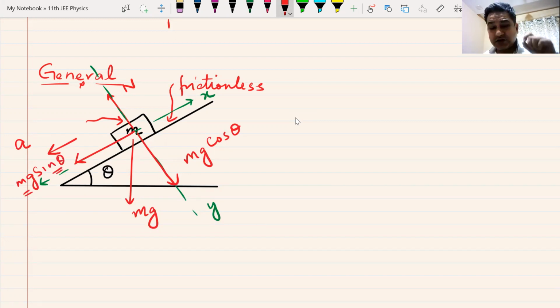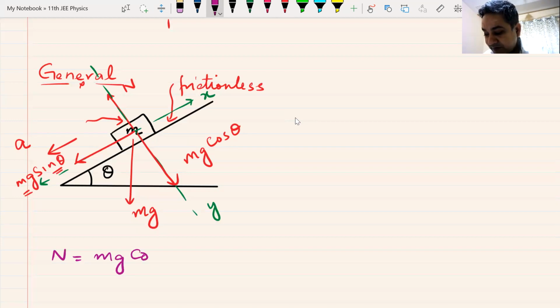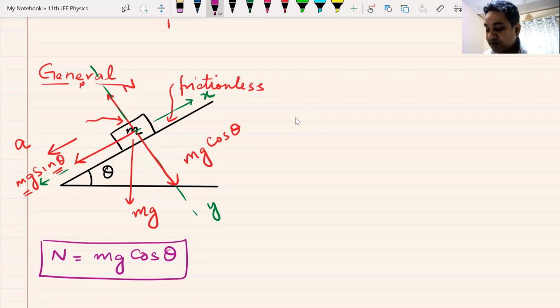You will make the equation along the y-axis. The equation along the y-axis will give you N is mg cos theta. Remember this. In this special case, normal becomes mg cos theta. Now, once you write the equation along the x-axis, the force along the x-axis is mg sin theta. We have already discussed it.